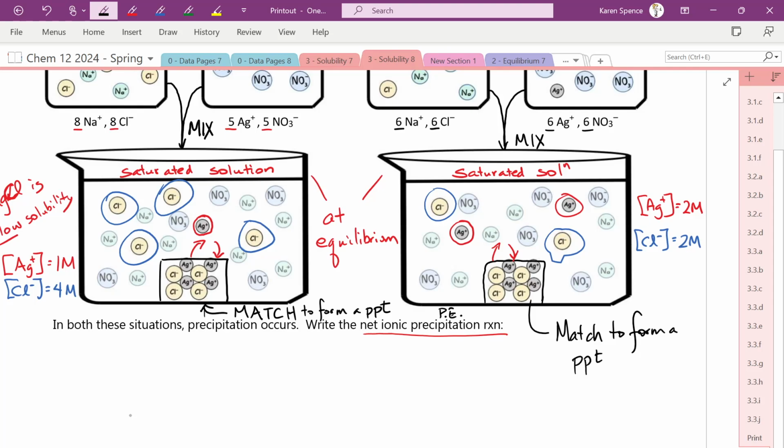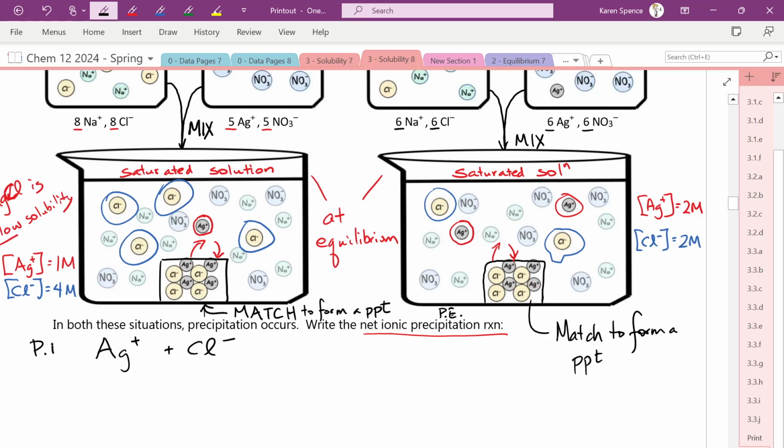Spectators are spectators, plus the ions that react are Ag and Cl. Who are the reactants in the net ionic precipitation? Ag plus and Cl minus.